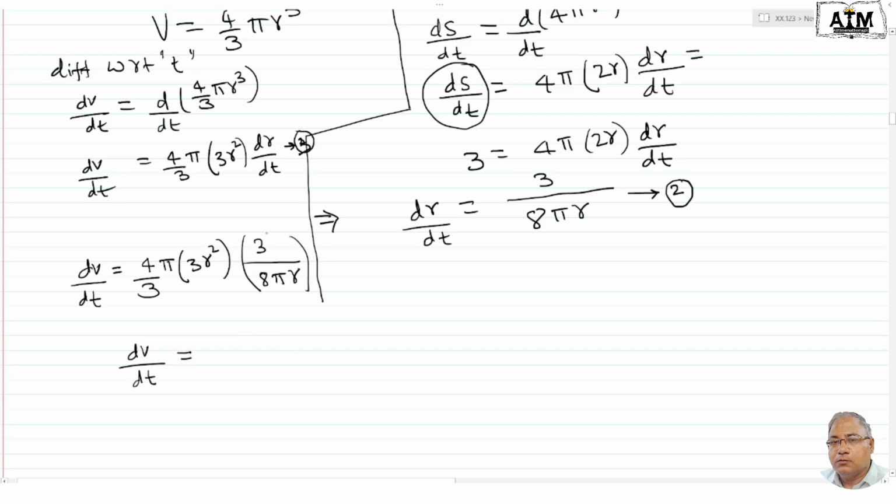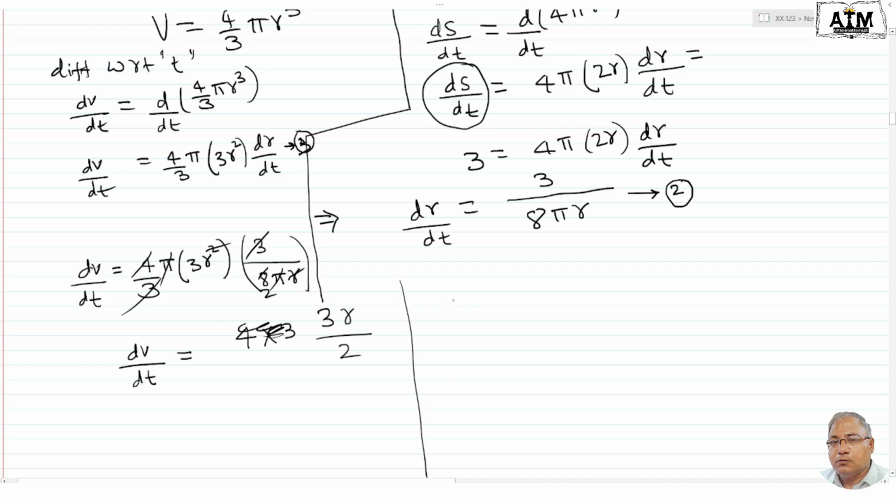Now if there is any cancellation, cancel them. 3 and 3 cancel. Pi and pi cancel. r and r cancel. What is left? 4 multiplied by 3, and 4 also cancels, so we get 3r divided by 2.